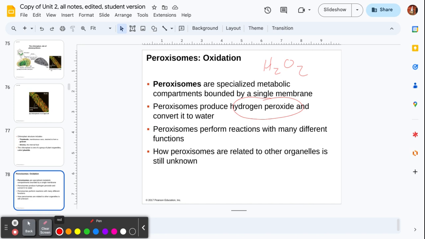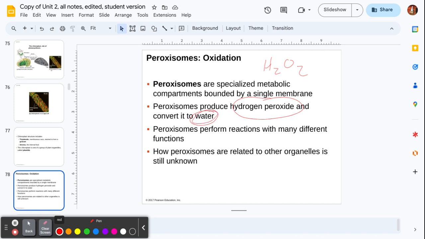So hydrogen peroxide is used as a cleaner for cuts and wounds, and it's also produced by our body. And it can be toxic if it's not converted into something else. And so what it's converted into is water.